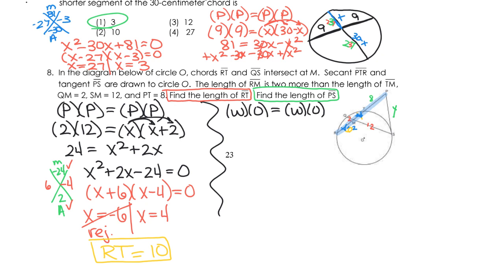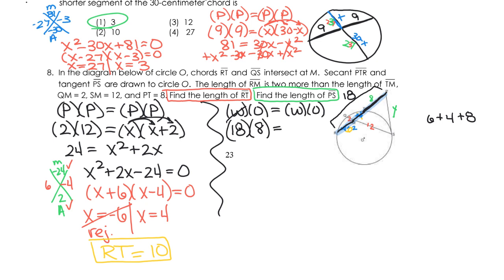All right, so we're going to have to be very careful with what we have here for the whole, all right? So it looks like we have 6 here, 4 here, and 8 here, all right? And so 6 plus 4 plus 8 gives us a whole of 18. All right, the outside part of the secant that's outside is labeled as 8.